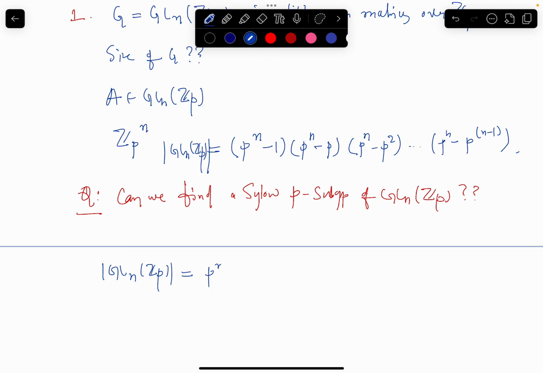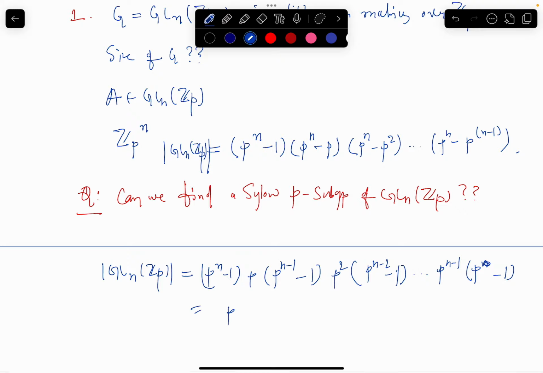So first is p^n minus 1. From the second you can take out p, you have this. From the third you can take out p squared. And from the last one you can take out p^(n-1). So that's p minus 1.